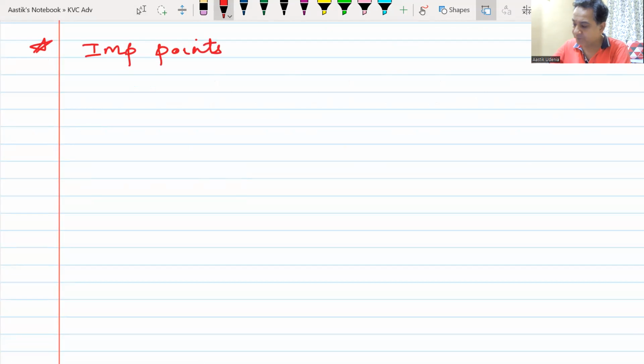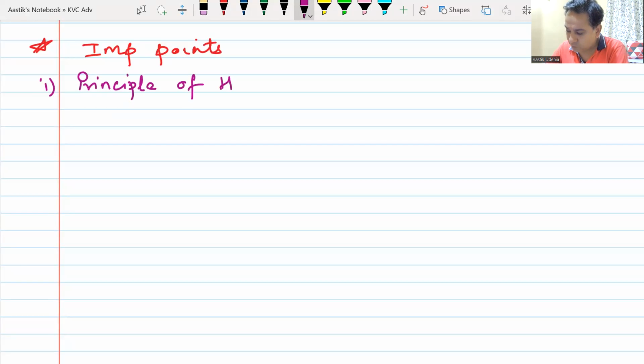Important points. The first one of these important points is known as the principle of homogeneity. Now, don't get confused by the term principle of homogeneity of dimensional equation.